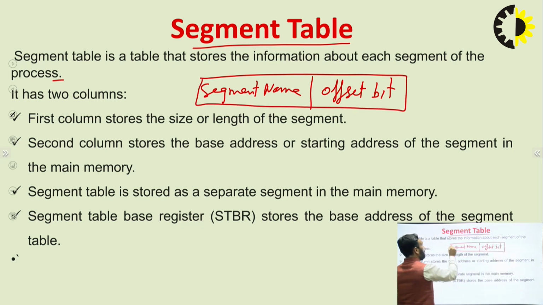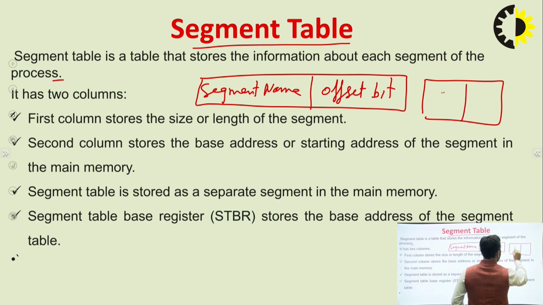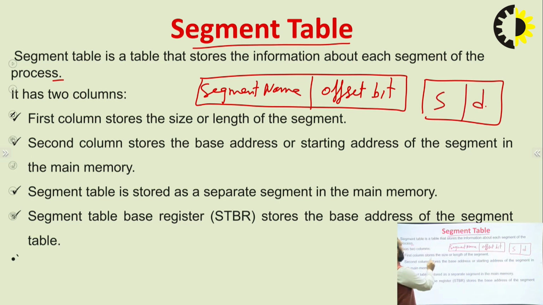It consists of two fields, abbreviated as S and D. The first column stores the size or length of the segment, and the second column stores the base address, that is, at what address it is stored in main memory.